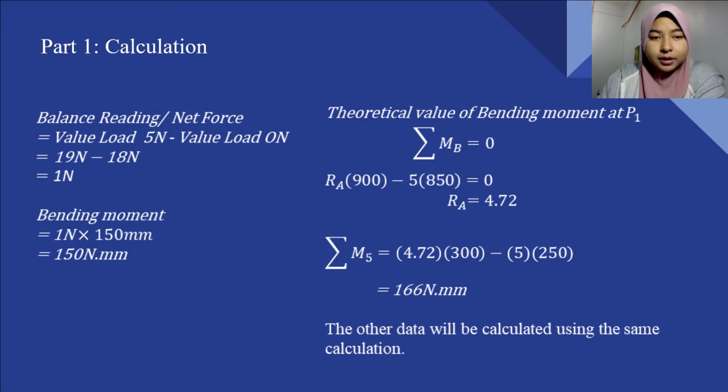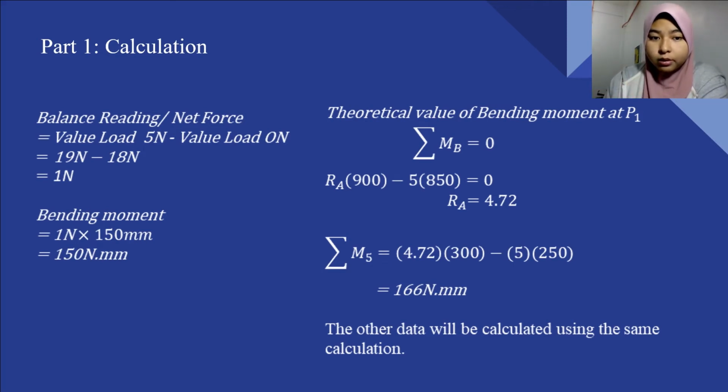From the balance reading that we get from the experiment, we calculate the net force. To find the net force, we use the value load that we set up, which is 5 Newton, 10 Newton, 15 Newton and 20 Newton.